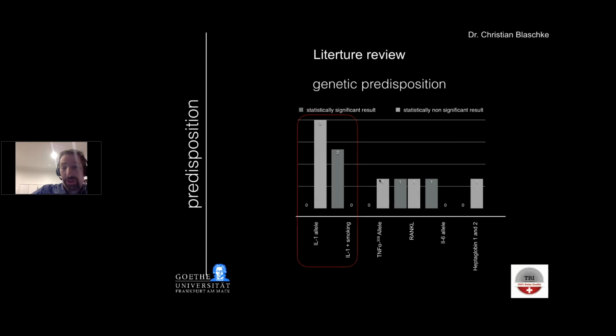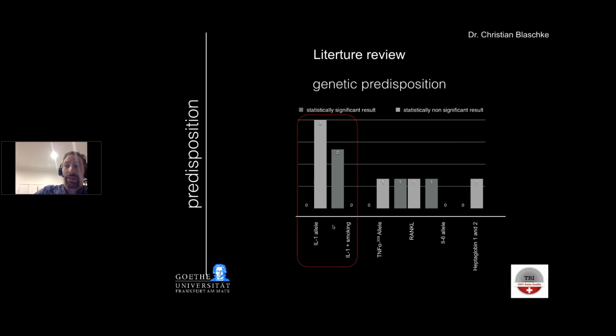However, gene polymorphism is discussed more and more in the literature, and there were a couple of studies where they combined gene polymorphism and smoking. When we look at these factors combined, they were predisposing factors to peri-implantitis. This is pointing towards a new look at peri-implantitis.